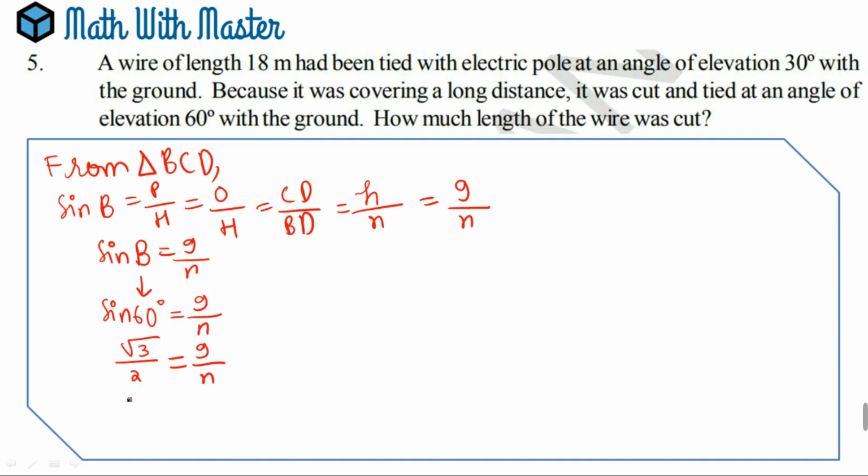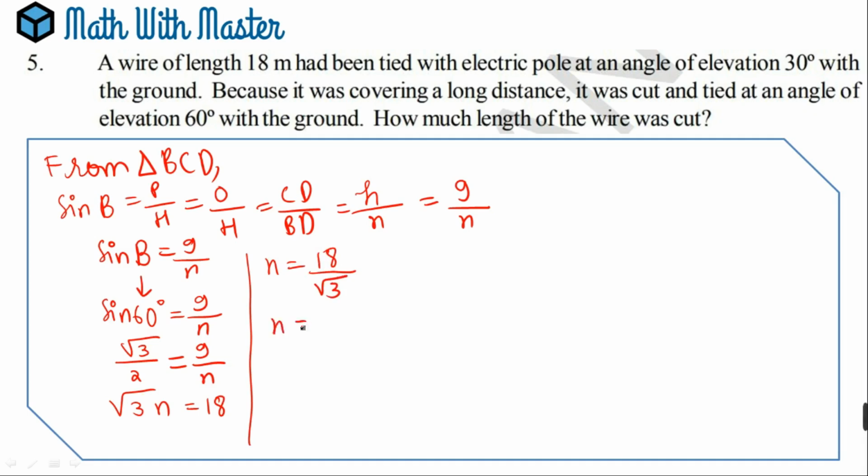And the answer will come root 3 into n is equals to 18, and we will take this to the other side, n is equals to 18 upon root 3. So what can we write 18 as?